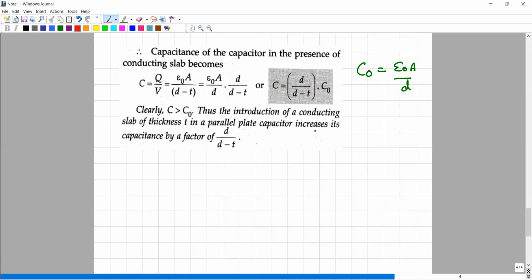So C is equal to D over D minus T times C naught. Thus the introduction of a conducting slab of thickness T in the parallel plate capacitor increases its capacitance by the factor of D over D minus T.